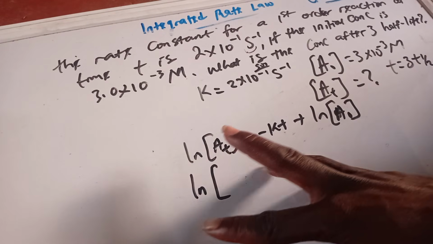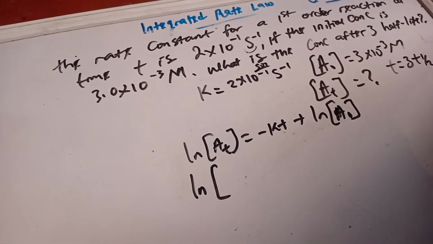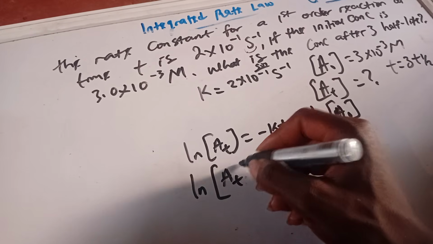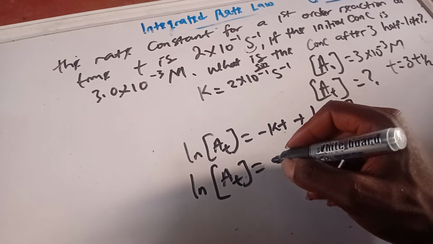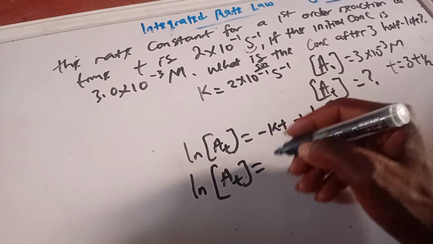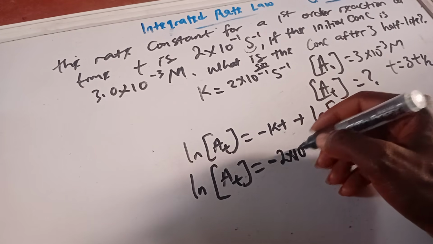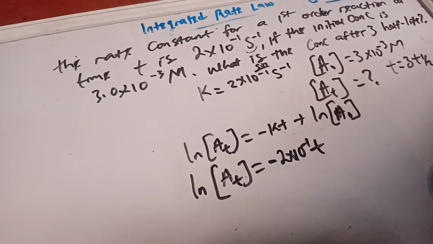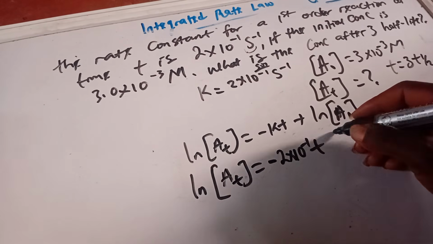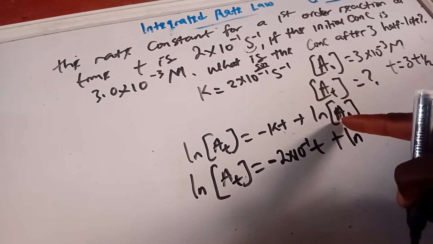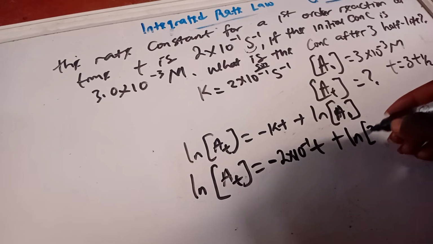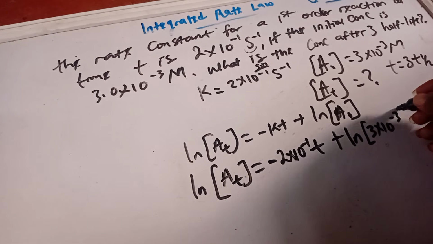ln At equals minus 2 times 10 raised to power minus 1 t, where our t is 3 half-lives, plus ln A naught. What's our A naught? 3 times 10 raised to power minus 3.